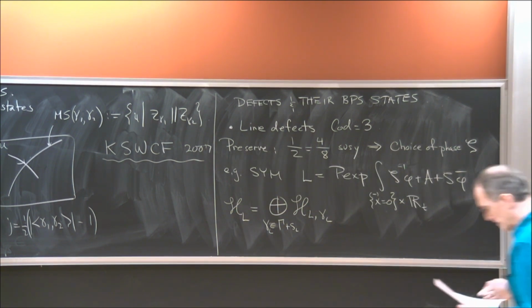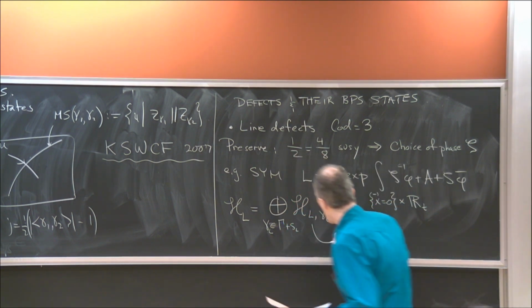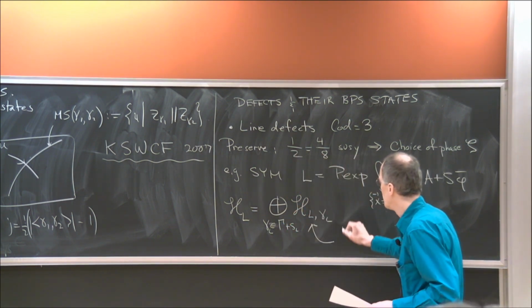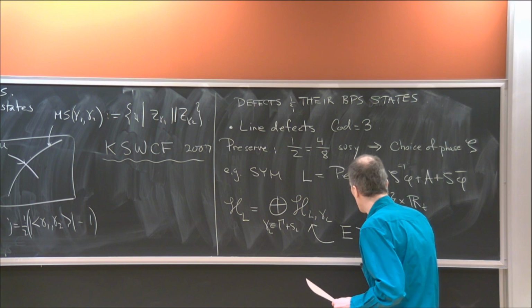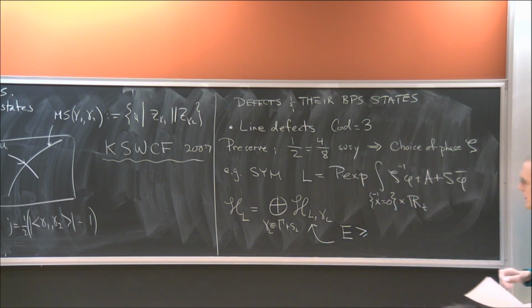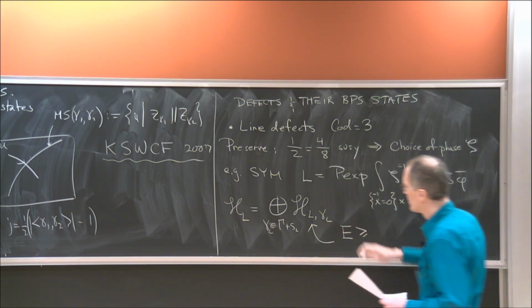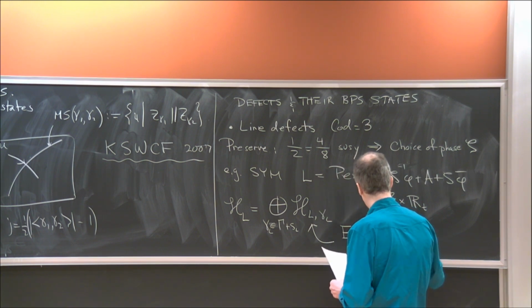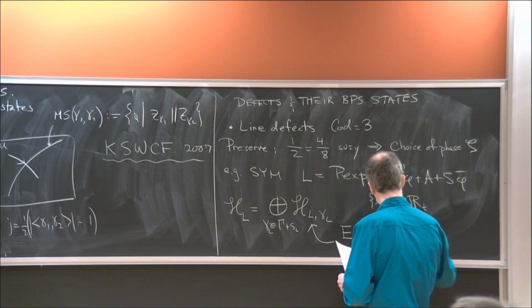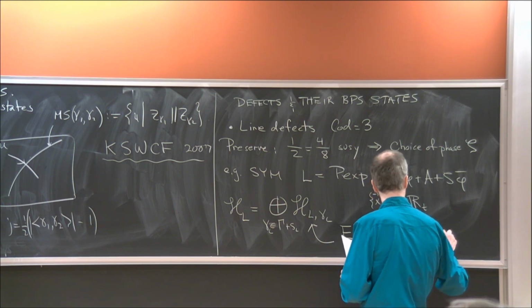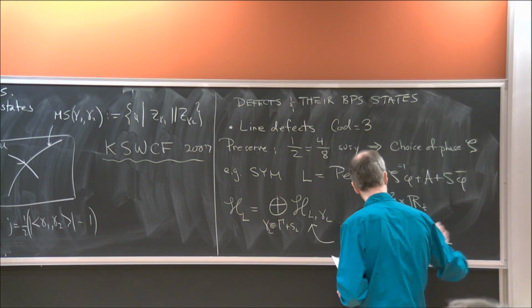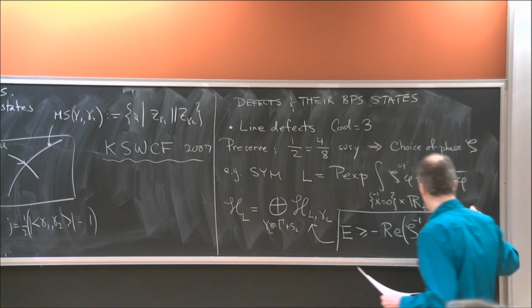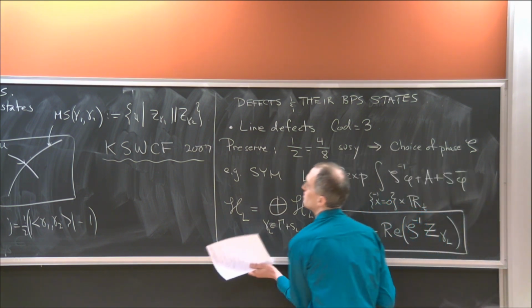So in this subject, shift happens. And here, the BPS bound is modified. So in a charge sector of the Hilbert space in the presence of the line defect, the energy is bigger than or equal to minus the real part of zeta inverse Z gamma L. Okay? So this is the new BPS bound.